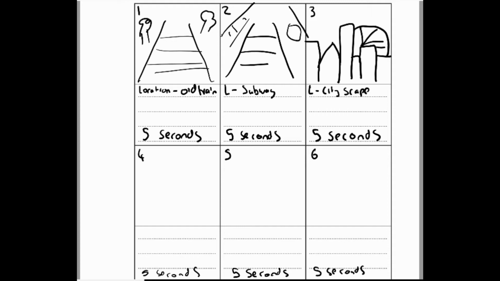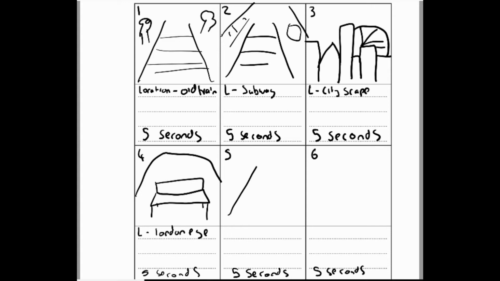Then I'm going to have the actual little pods of the London Eye, which have a little bench in, I think. Location: London Eye. Then I'm going to have a little road. Tower Bridge.